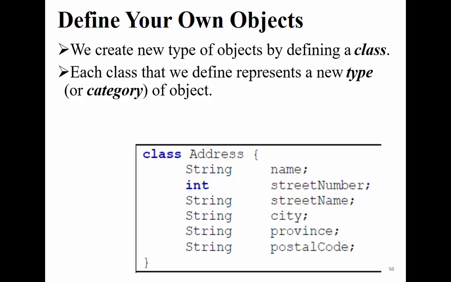So I merge all these attributes together in one data type called address. I create my own data type called address. Whenever I use address in my program, it will contain all this information as one unit. So I merge them all together in one unit.